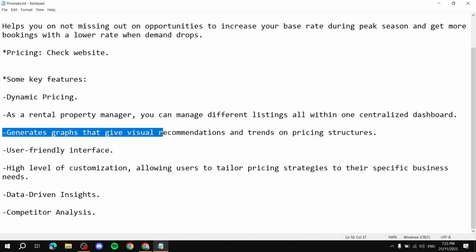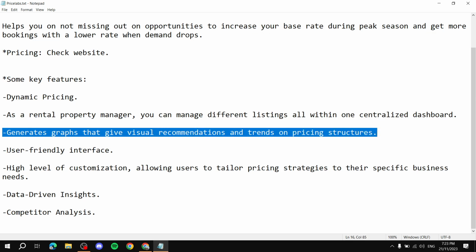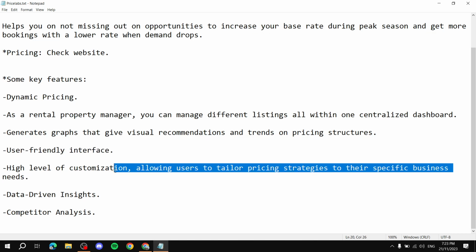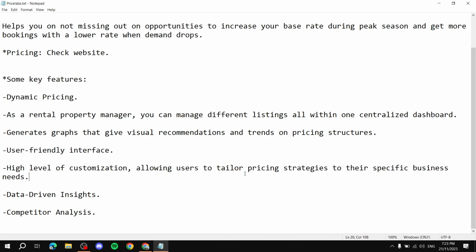It generates graphs that give visual recommendations and trends on pricing structures, a user-friendly interface, a high level of customization allowing users to tailor pricing strategies to their specific business needs, and data-driven insights and competitor analysis.